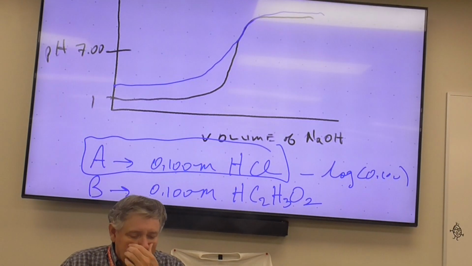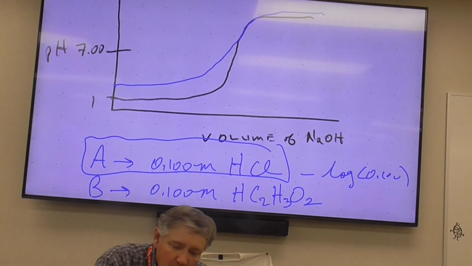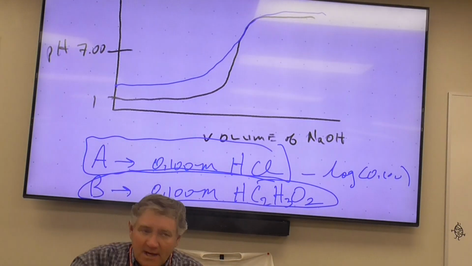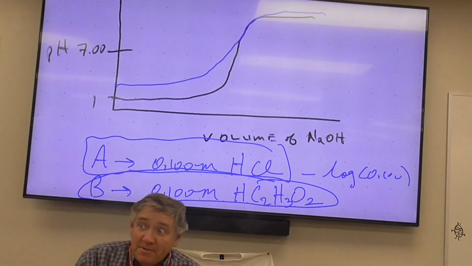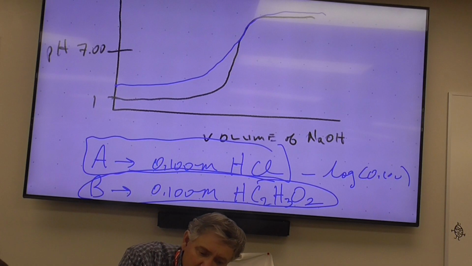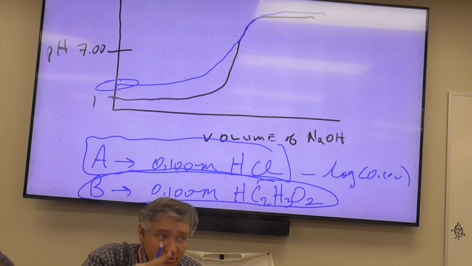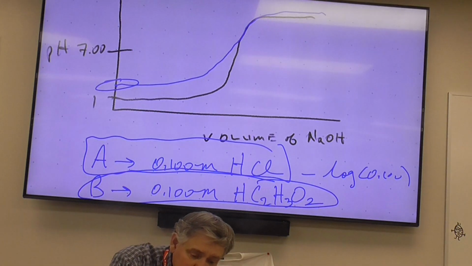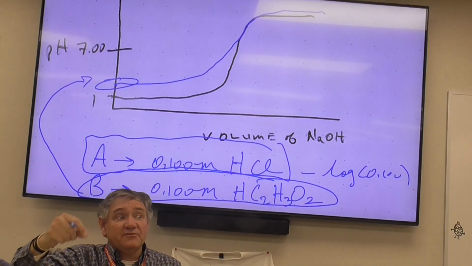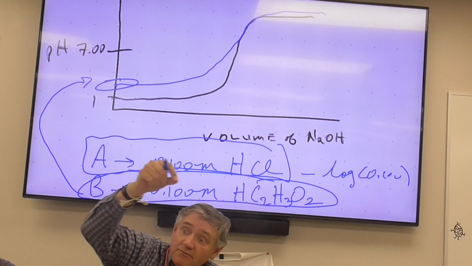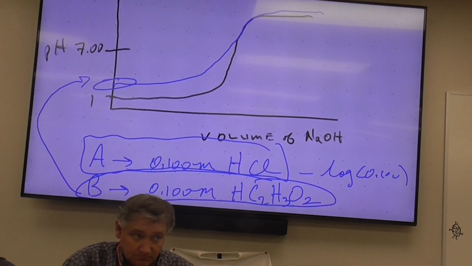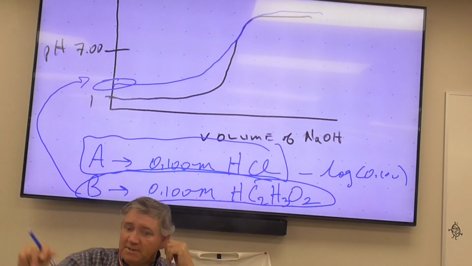Now, is acetic acid going to fully ionize? No, because by definition, that's what makes it a weak acid. So even though it's the same concentration of 0.1, your acetic acid is going to start with a higher pH because it has fewer hydronium ions floating around. Got that? So you can look at the beginnings.